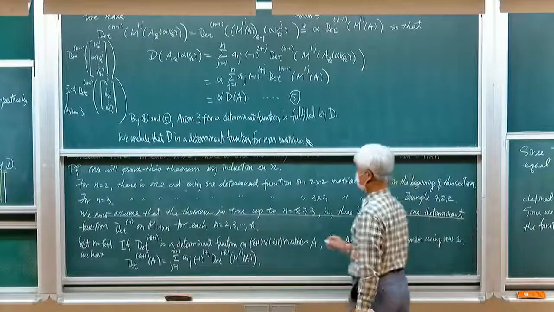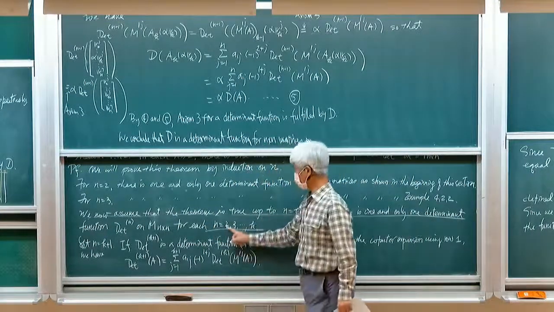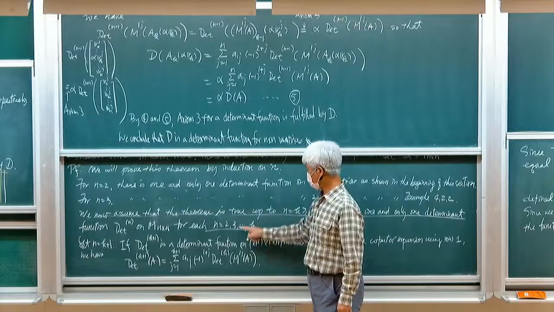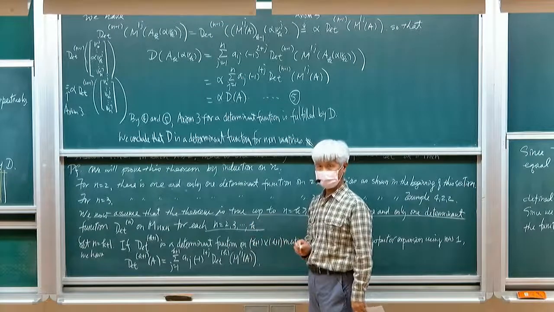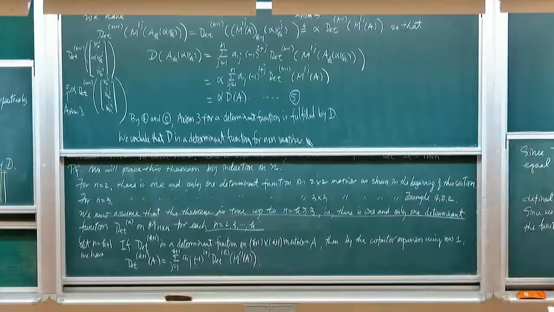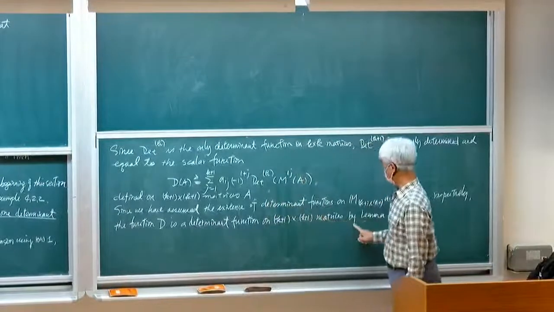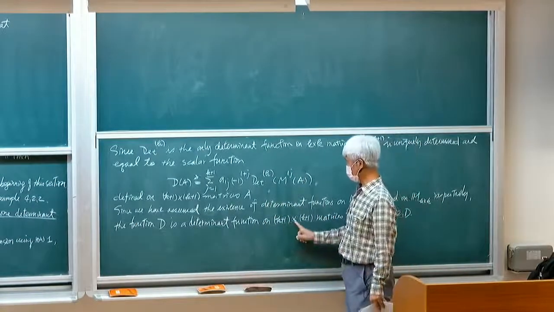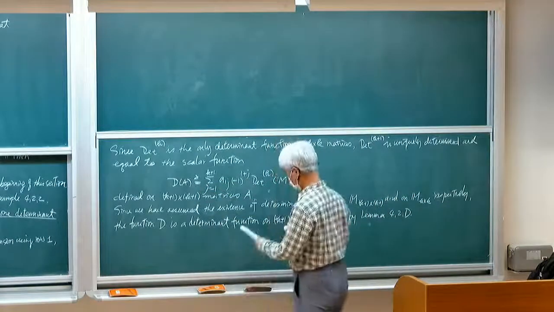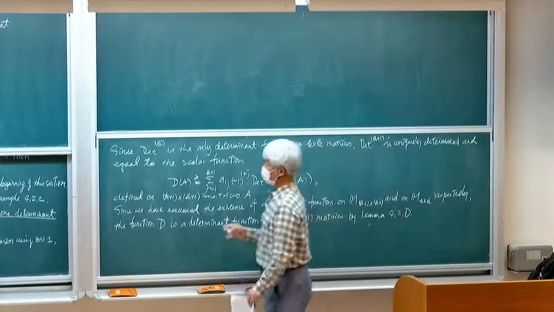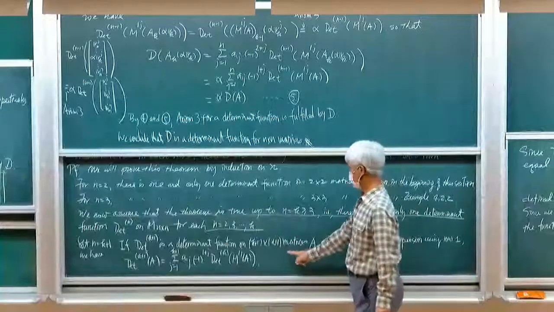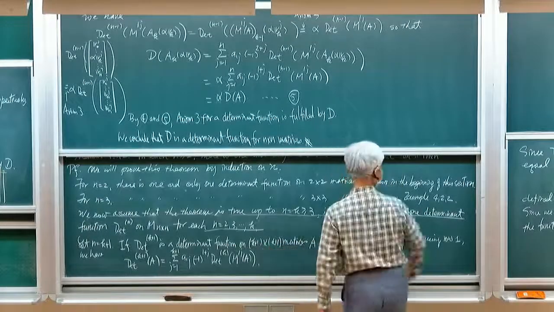So there exists one for n equal to 2, 3 up to k. In particular, for n equal to k and n equal to k minus 1, we have determinant functions. Because of that, this d function is indeed a determinant function on k plus 1 times k plus 1 matrices. And we have just shown that any determinant function on k plus 1 times k plus 1 matrices must be equal to d.